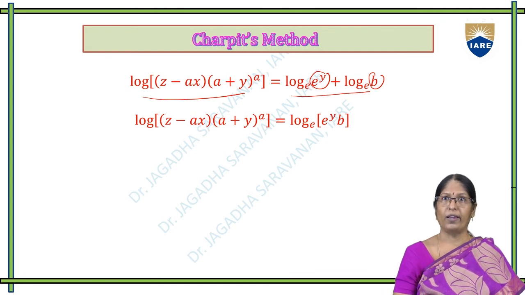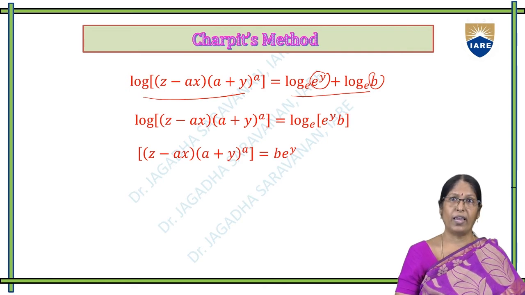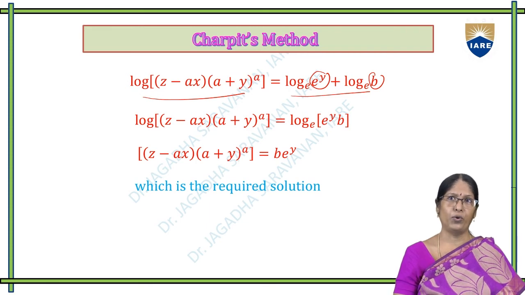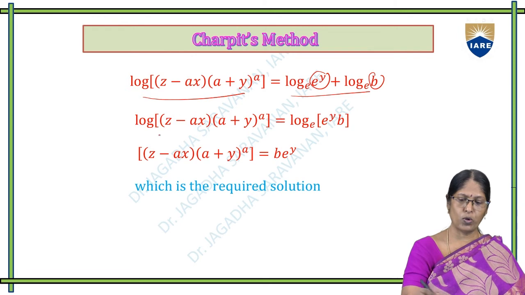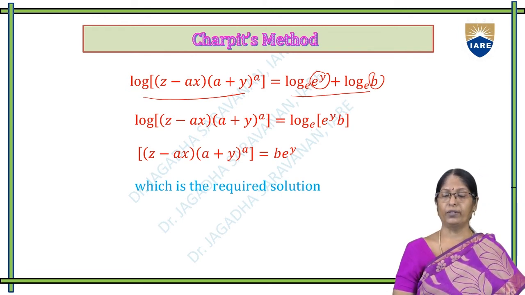Then on both the sides, we are cancelling the log. Then (z minus ax) into (a plus y) power a equal to b into e power y, which is the required solution for this.